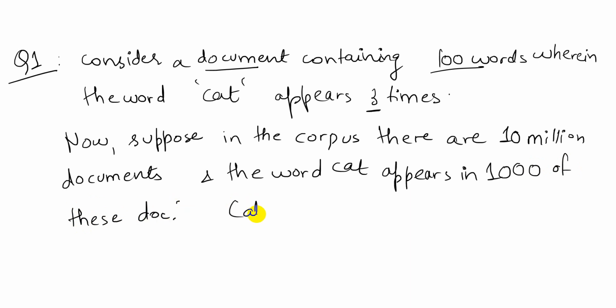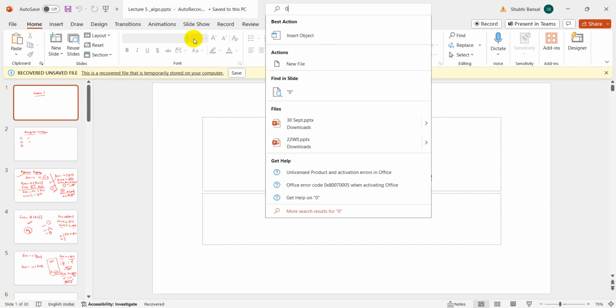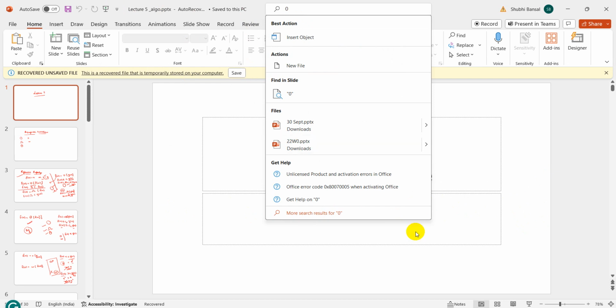Okay, so you have to calculate TF-IDF of the word cat in the document D. Consider this is the document D. Okay, just a second, I'll just show the question.